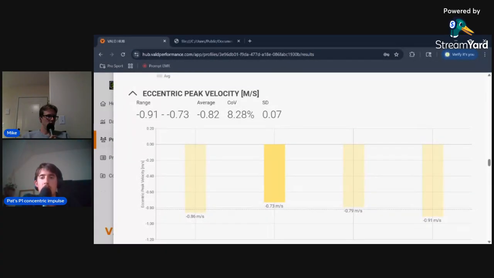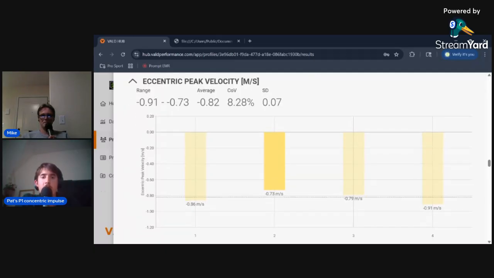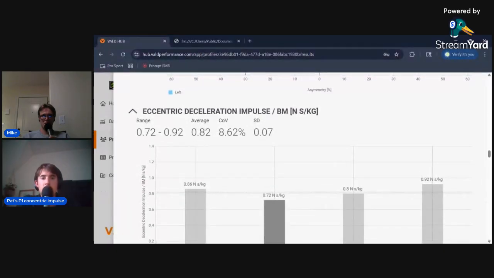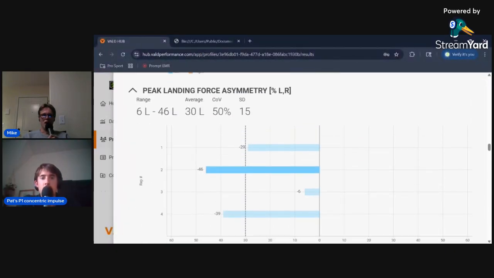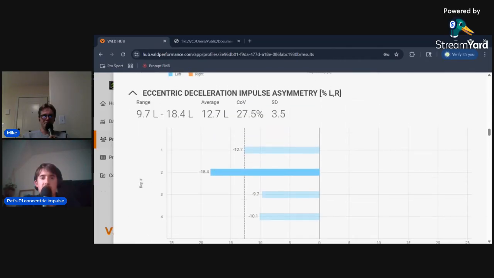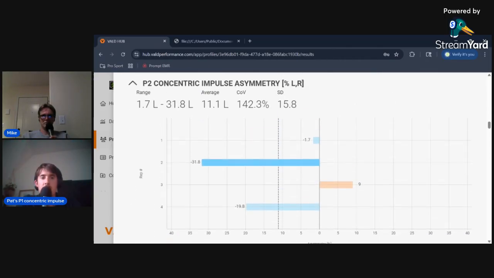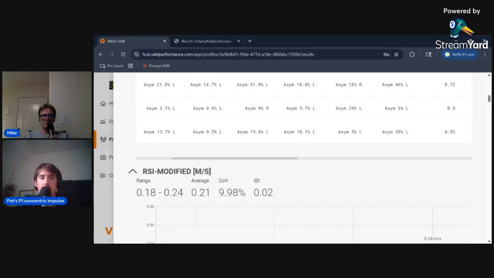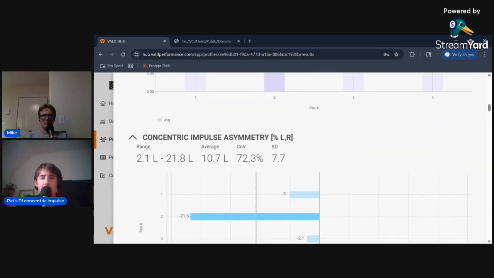Right, right. Let me scroll up here. All right, we'll talk about landing soon. Decel. All right, I guess we can just go from the top. RSI mod, meh.